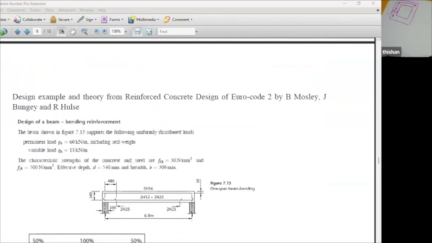The characteristic strength of concrete is 30 megapascal. Characteristic strength of steel is 500 megapascal. And the effective depth is 540 millimeters and the breadth of the beam is 300 millimeters. So you can see this is a typical situation.